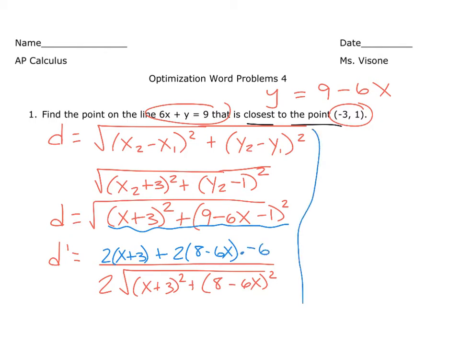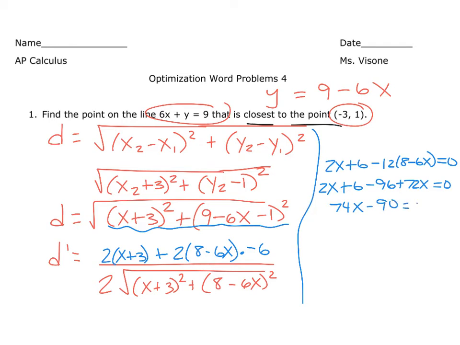Now, because this is a real-world problem, we really don't have to worry about where the denominator equals 0. So I'm just going to ignore it. We're finding where the top is going to equal 0. So that is 2x plus 6 minus 12 times 8 minus 6x, set that equals 0. 2x plus 6 minus 96 plus 72x, so 74x minus 90.